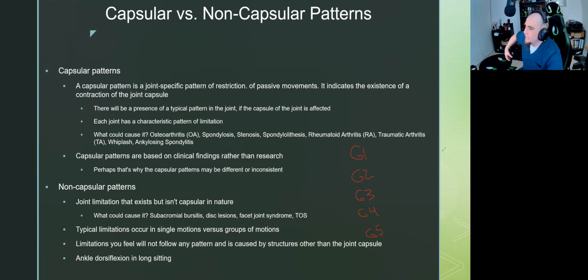They can't get that internal rotation to reach back there. We have them actively do internal rotation and they've only got like 15 degrees. But then we do passive internal rotation and we're able to get more because they're relaxed. That's a good example of what a capsular pattern looks like. At that point, it's not necessarily the muscle that's limiting them. It's something in the joint itself. Does that make sense?